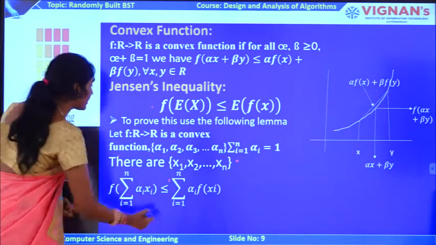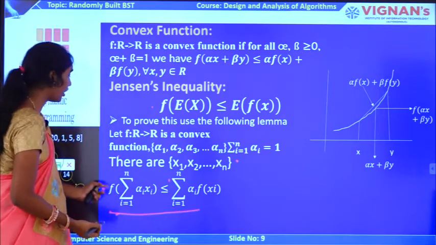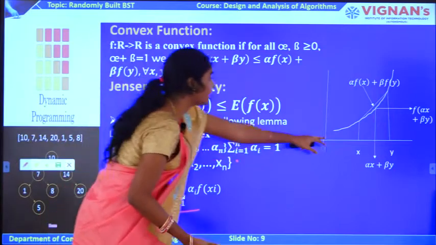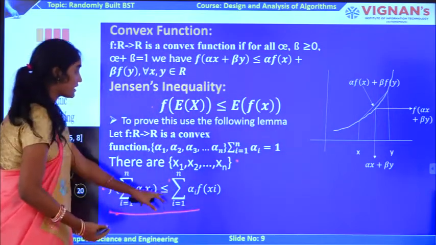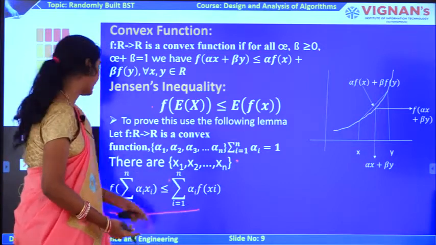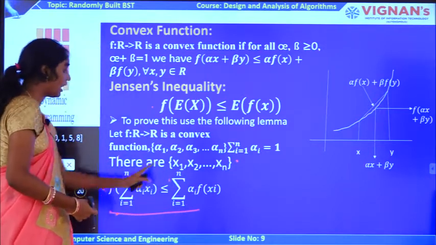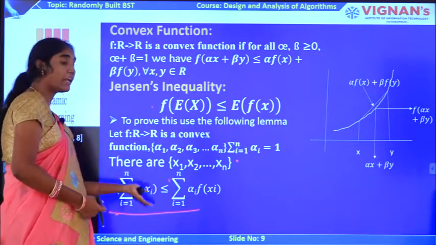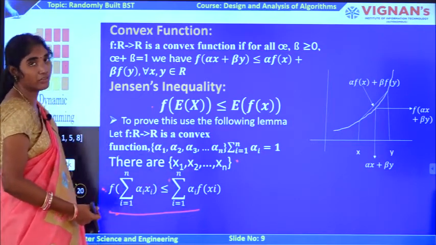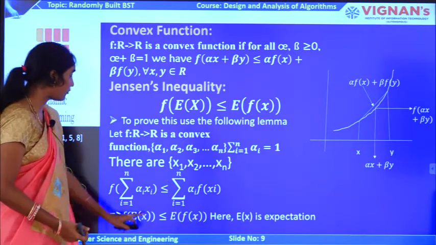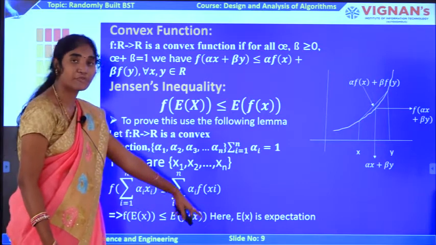So we can say that f of the summation from i equal to 1 to n of alpha i xi is less than or equal to the summation from i equal to 1 to n of alpha i f of xi. Here the alpha i is taken before, and the function f we apply to x, which is a random variable.